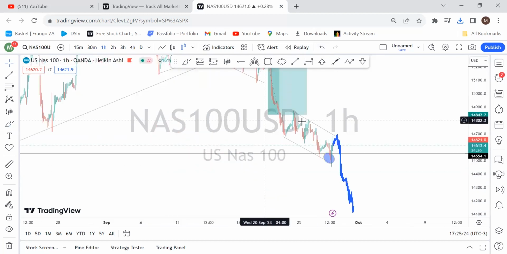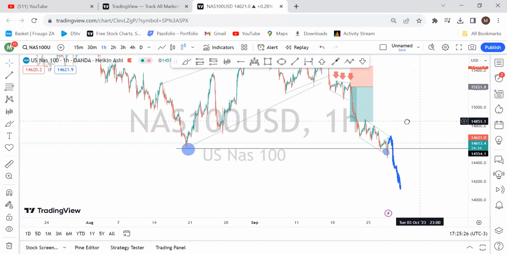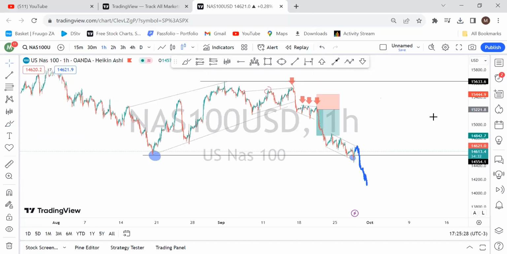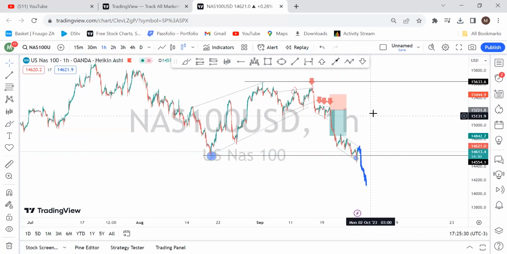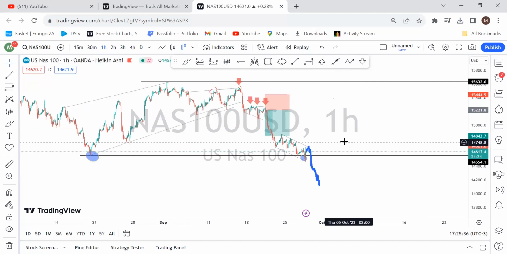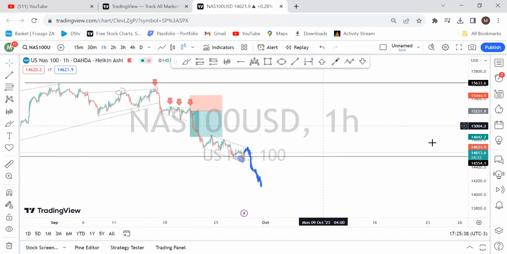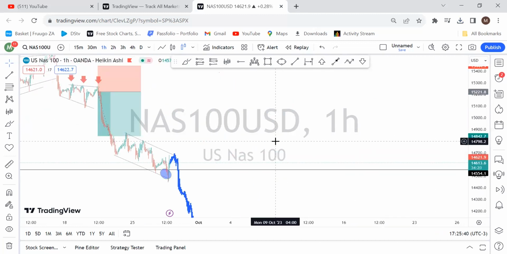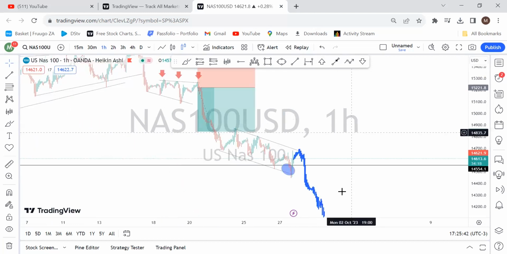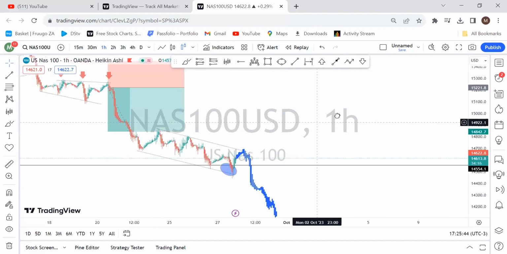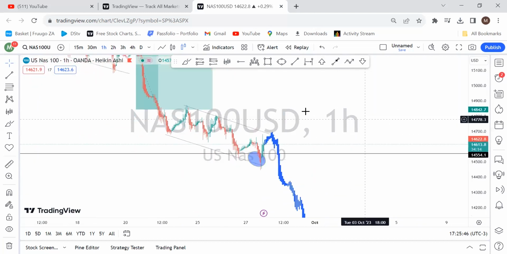But I'm watching more for the buy setup than this sell setup, right? So that is what we have with NASDAQ. Nothing really complicated. Very simple.